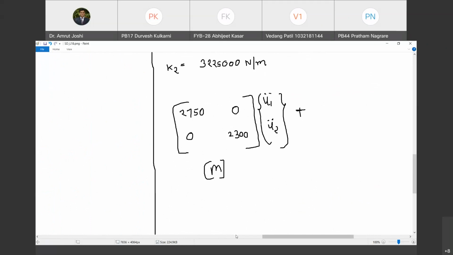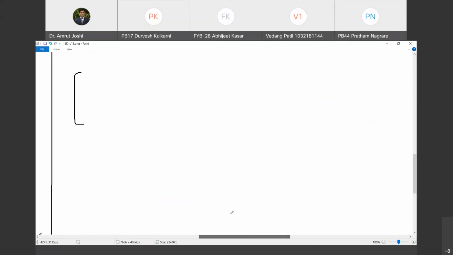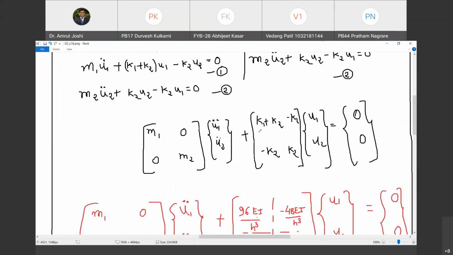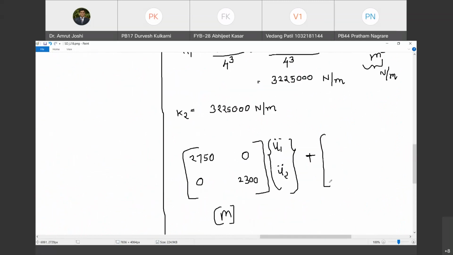What is next? K matrix. How does the K matrix look? We just calculated it here. It is K1 plus K2, minus K2, minus K2, K2. That is what I am going to write. K1 plus K2 means 2 times 3225, how much will that be? 6450000. Then 0.